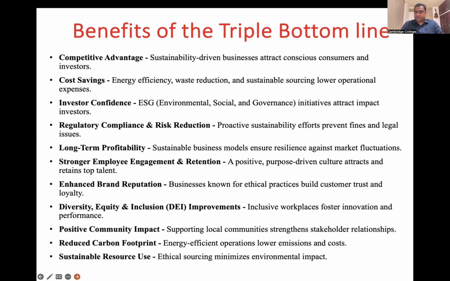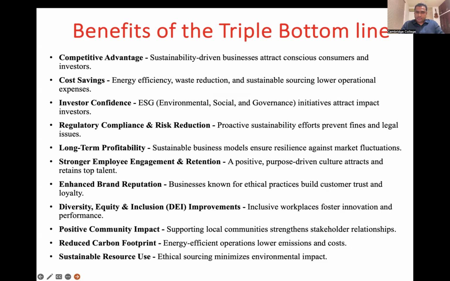Long-term profitability. Sustainable business models ensure resilience against market fluctuations. Stronger employee engagement and retention. A positive purpose-driven culture will attract and retain top talent. That is a huge problem right now in Sri Lanka.